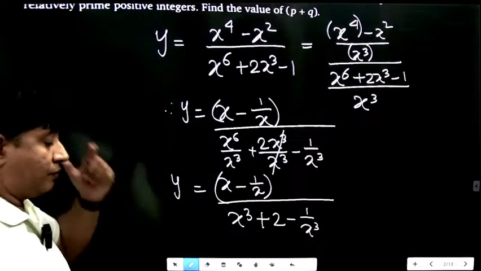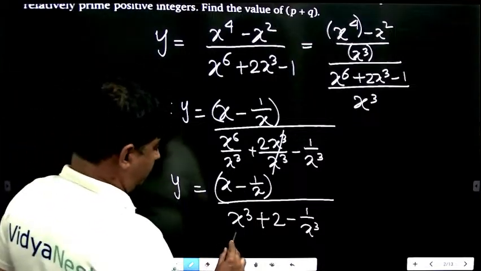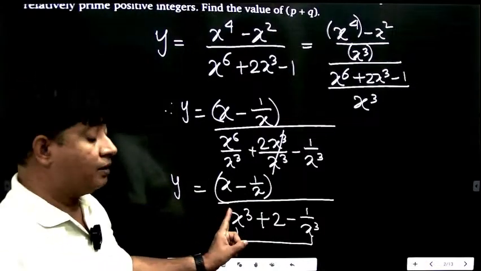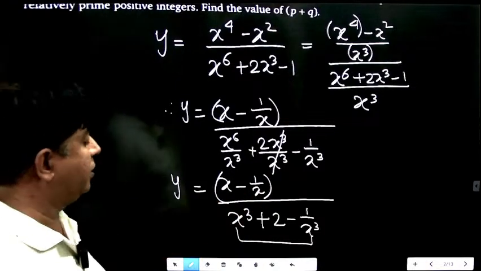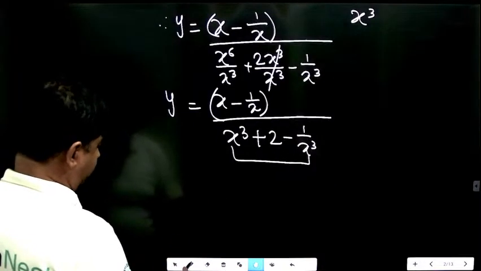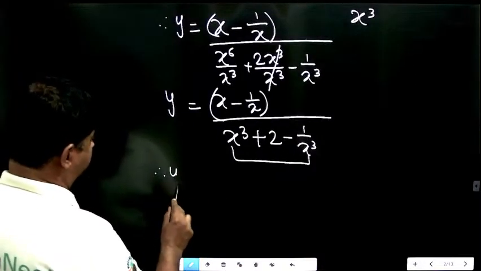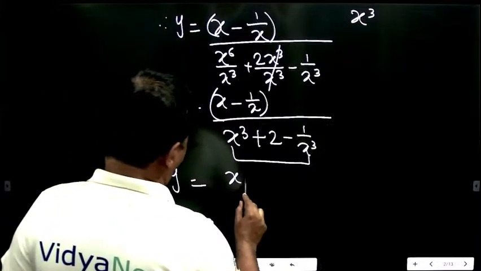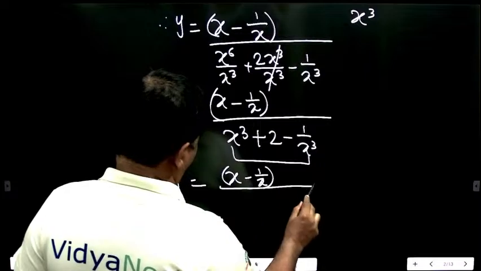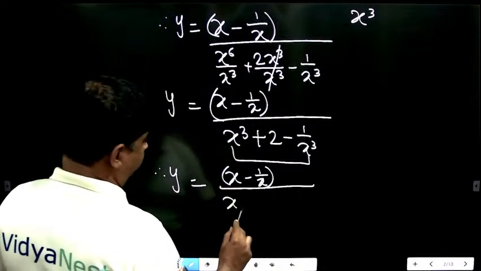Now these two terms demand what? The formula of a cube minus b cube, the algebraic method. A cube minus b cube.